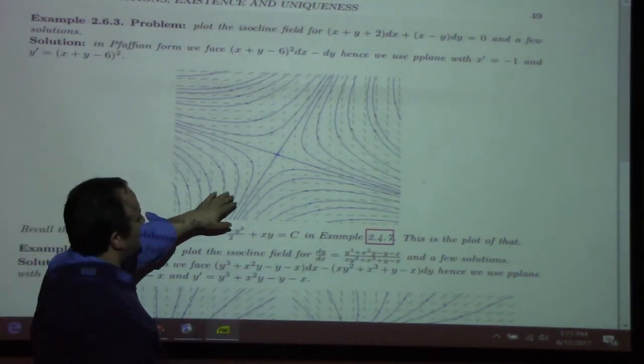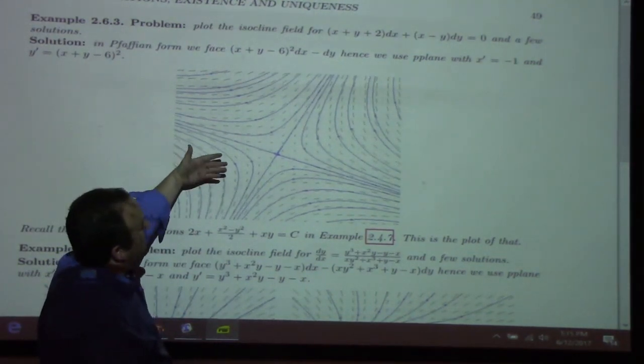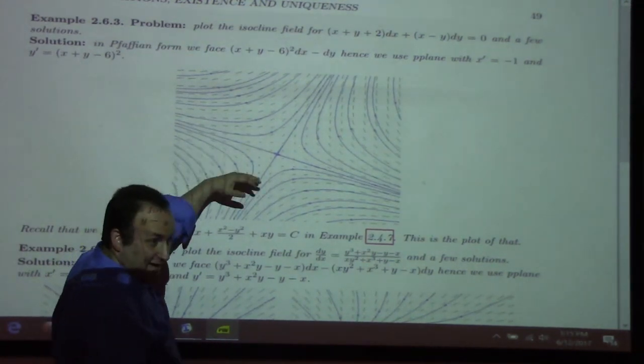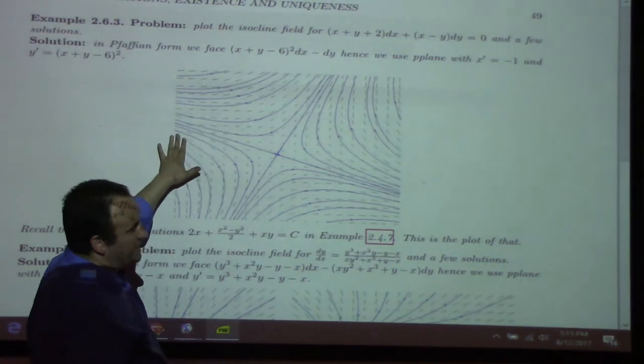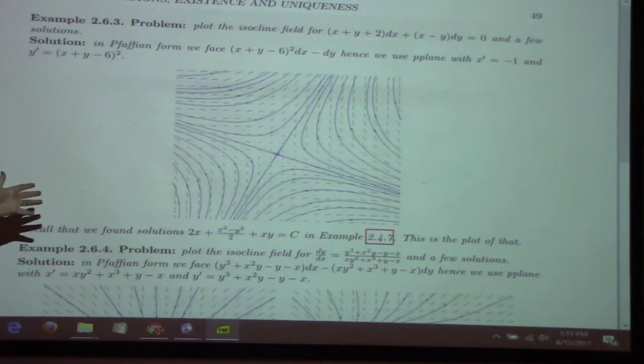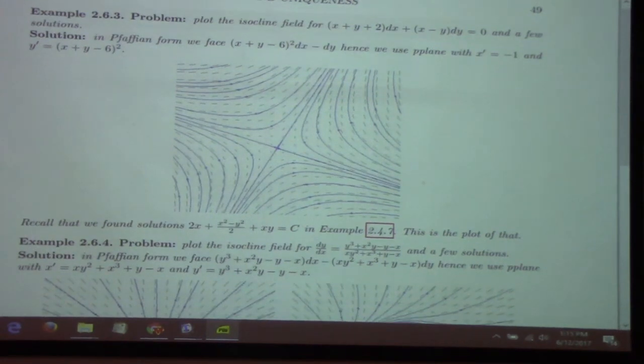But anyway, here we have a plot of the direction field for the differential equation, and then this p-plane, if you just click on it, it actually plots solutions. So you can see what the solution sets look like without actually having to solve the thing. It's really nice. If you just want to see what my solutions look like and come to some understanding of what's out there, you can do this without even solving the differential equation.